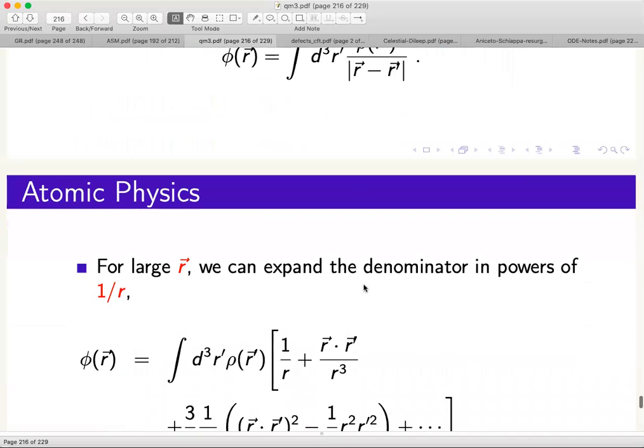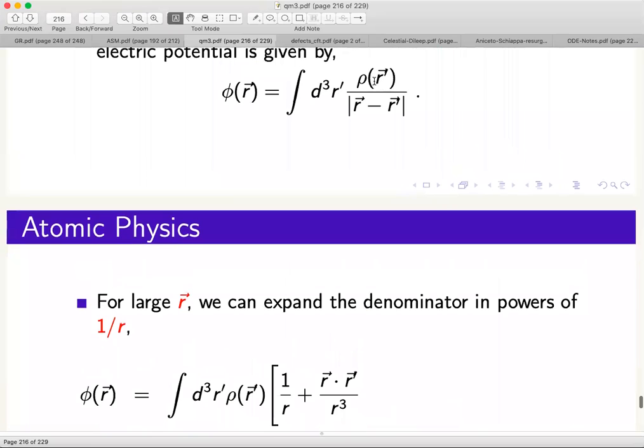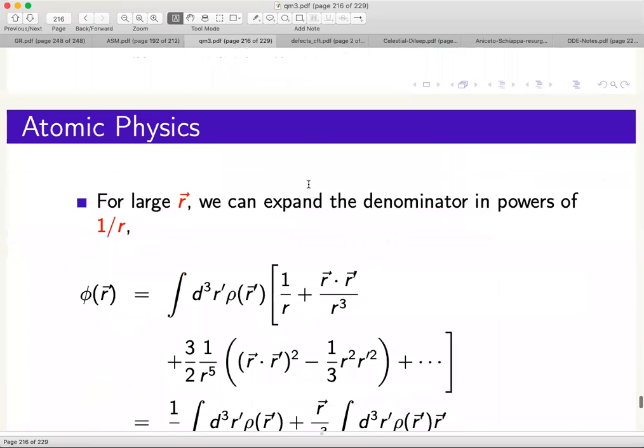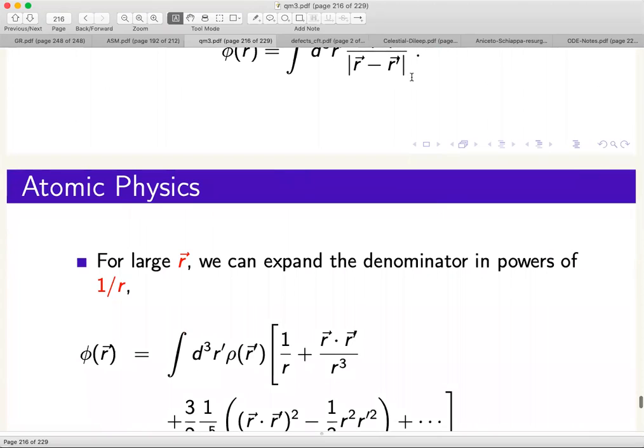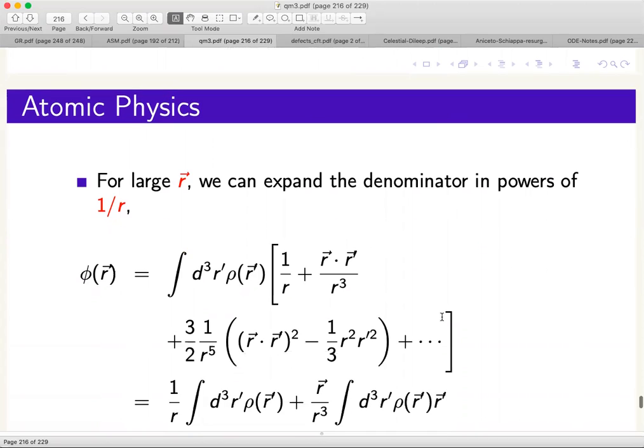So we are considering R to be very large compared to the size of the nucleus. Then we are going to expand the denominator by pulling 1 over R out and expanding in the R prime by R factors.